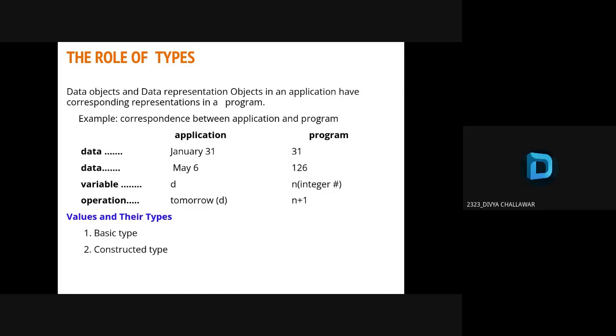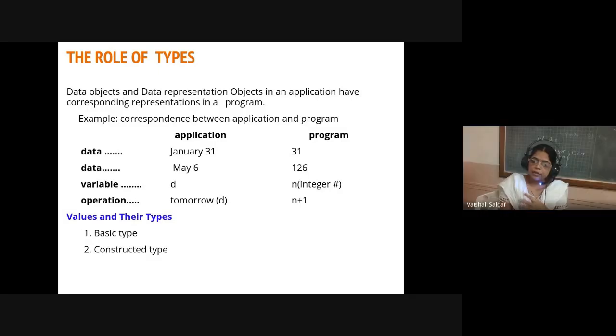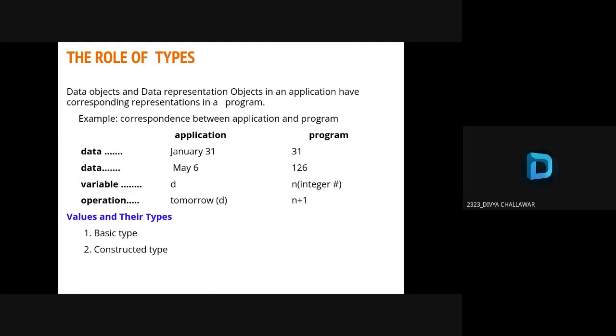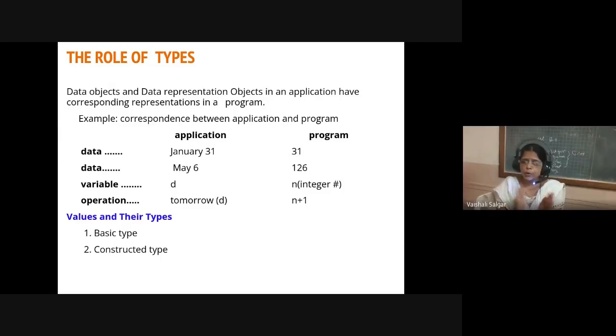String. Correct. After that, if I want to declare the marks and calculate the percentage, what data type may I use? Double. Float or double, but again here float will be sufficient.